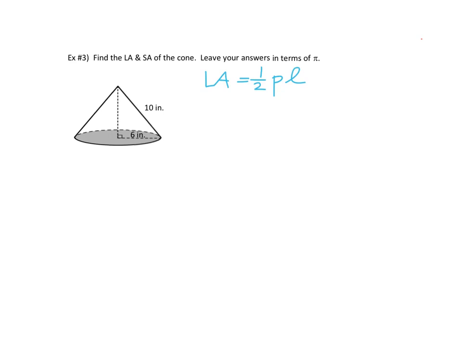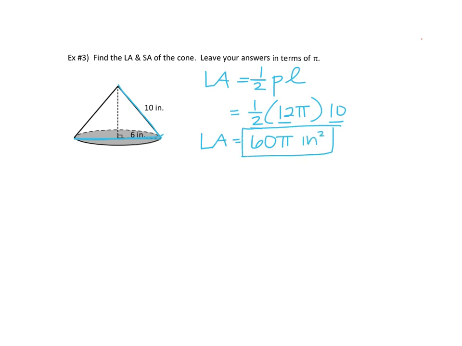So you would take 1/2. The perimeter of your base is pi d, and your d would be 12, so 12 times pi. And then your slant height is 10. So your lateral area, if we're leaving this in terms of pi, is 1/2 times 12 times 10. So 60, and then attach your pi, square inches.